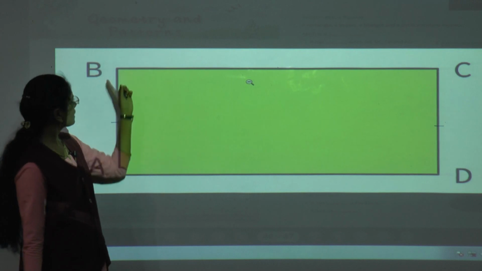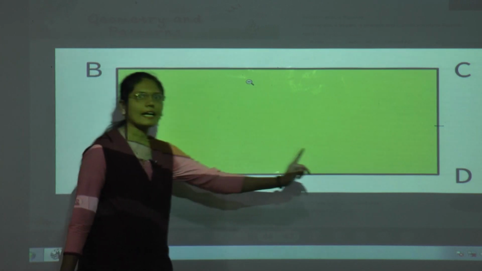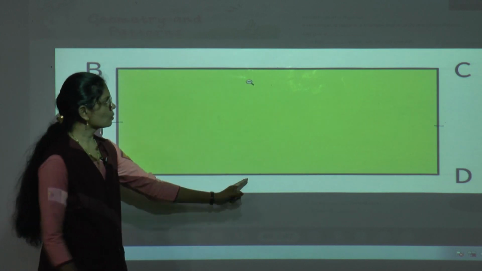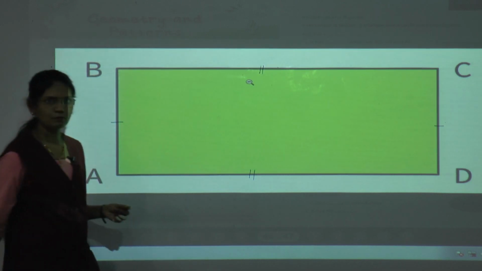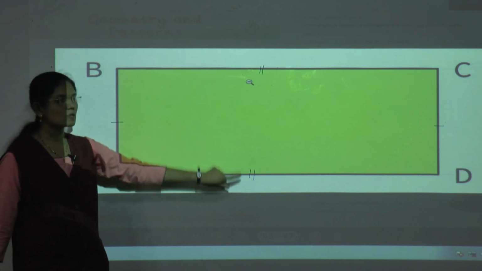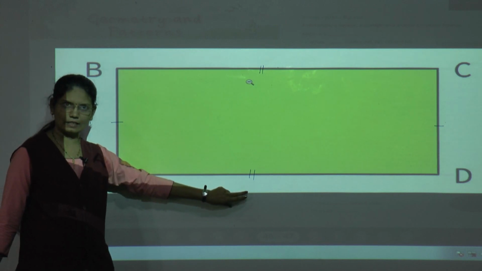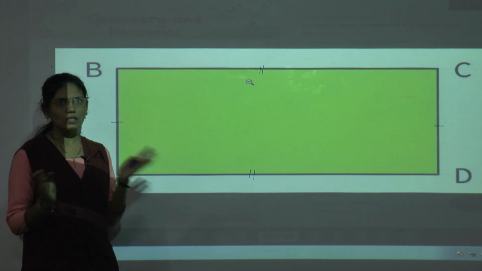Okay, now see side BC and side AD. Focus on these two sides. These two sides are equal in length, and these two sides are also opposite to each other.